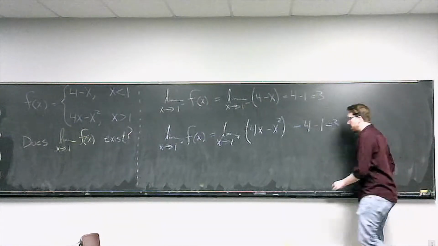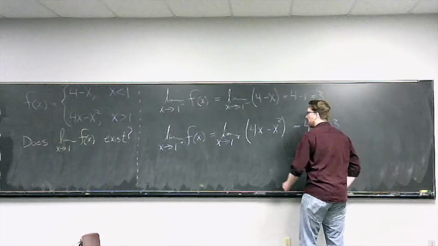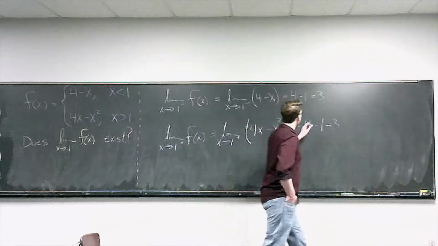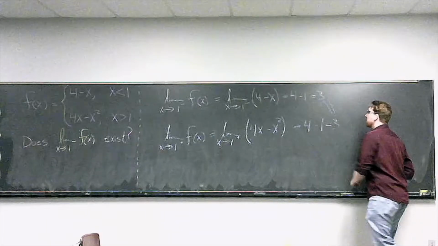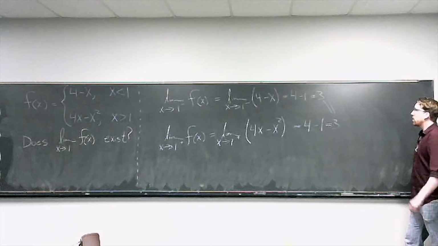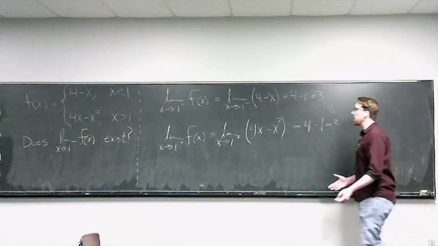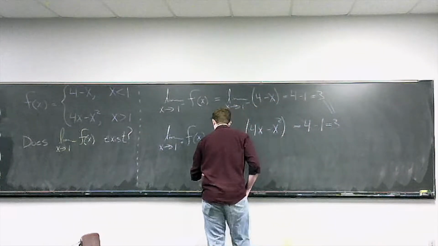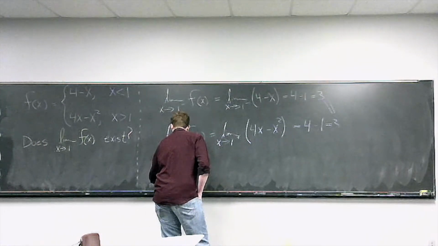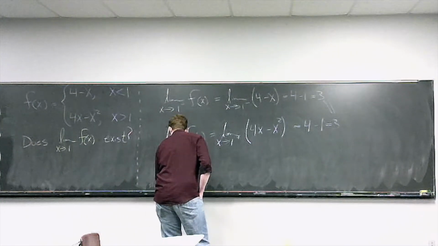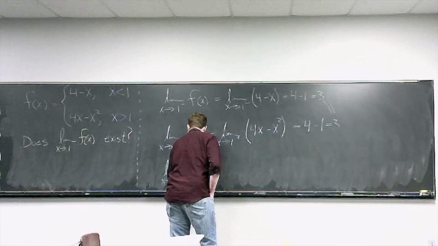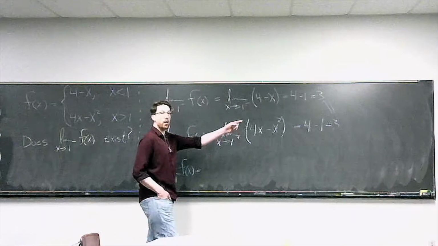So what this means then is that the limit from the left and the limit from the right are equal to each other, right? So since the limit from the left and the limit from the right are equal to each other, that tells us that the limit as x approaches 1 of our function is equal to whatever that value is.